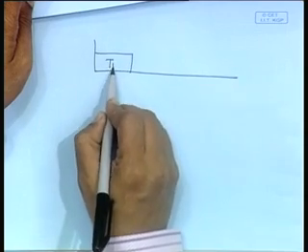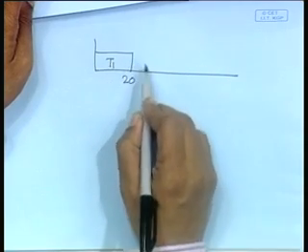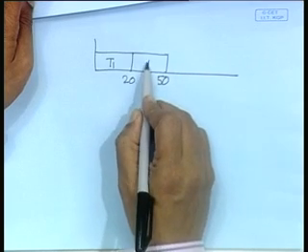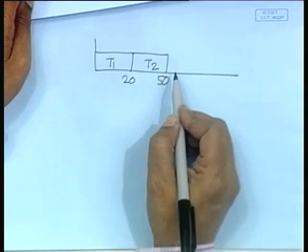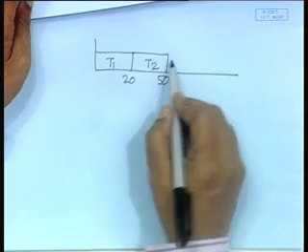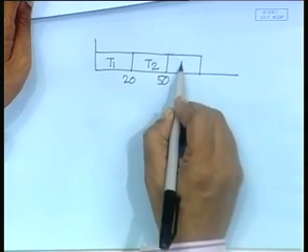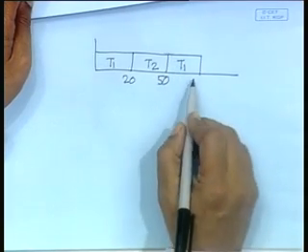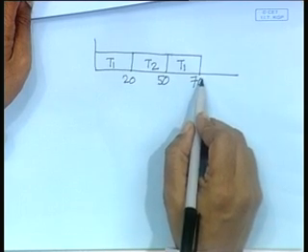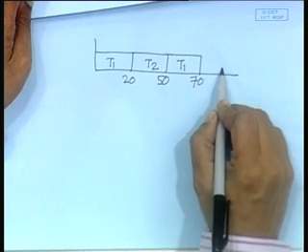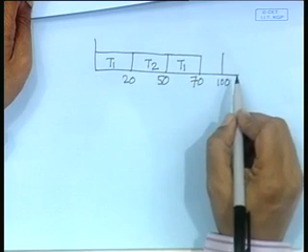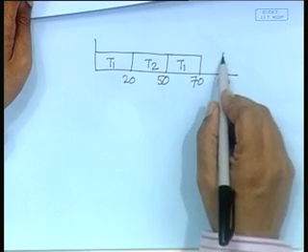T1 runs for 20, then T2 runs for 30, and by that time T1 has arisen, runs up to 70, and by that time T2 does not exist, it arises only at 100, and by 100 again T1 exists.